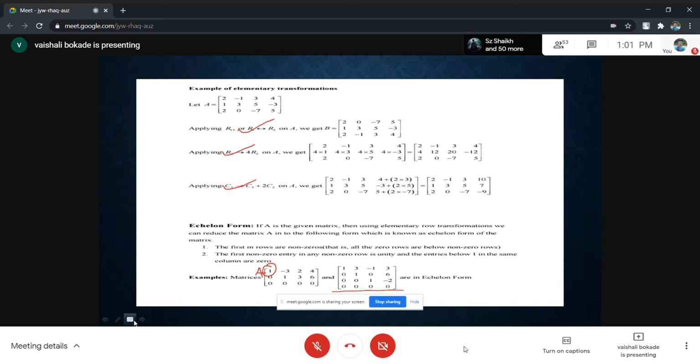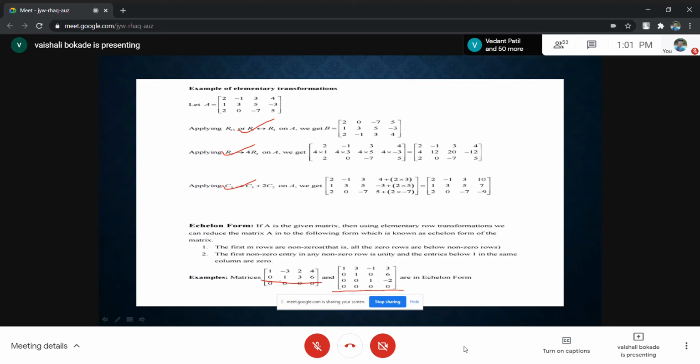Now I am talking about the R2 row. Concentrate on the R2 row.